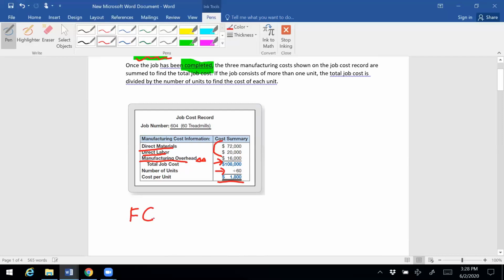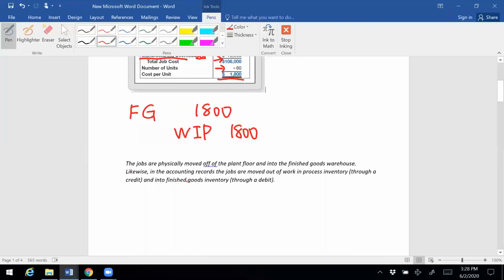So we debit finished goods, how much? 1,800. And we credit what? Work in process, because it will not be work in process anymore. We have to write it off and change it to finished goods, okay? So the textbook explanation is that it moved off from work in process and goes to the finished goods warehouse. So it's finished status. It's not sold, so it's not cost of goods sold yet, but it's not work in process because it's already finished.